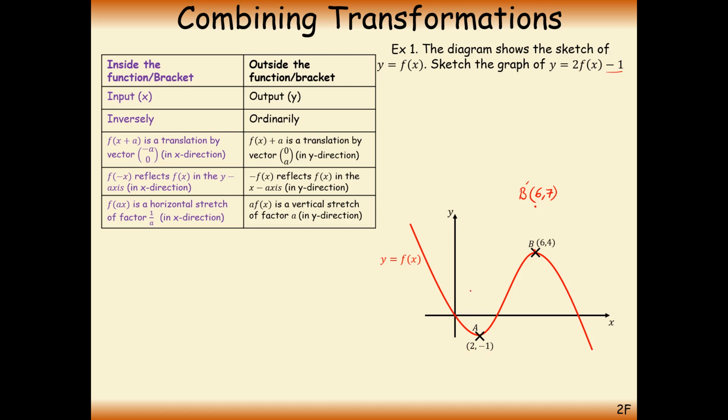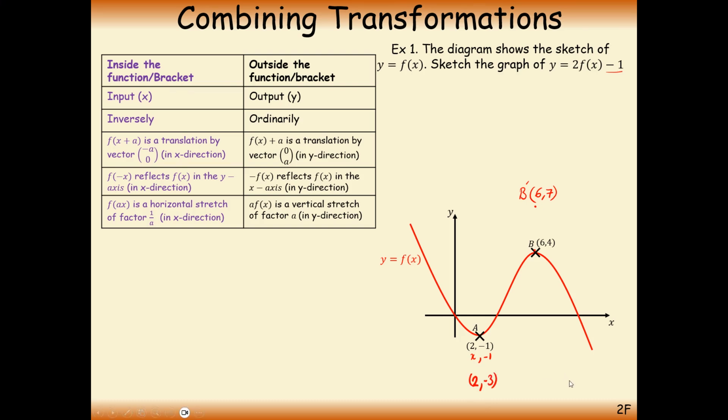The value of 2 doesn't change because that's the x value, but the y value is negative 1. We will double it and take away 1. Doubling minus 1 is minus 2. Minus 2 minus another 1 will make it minus 3. So the A will be translated or transformed to 2, minus 3.